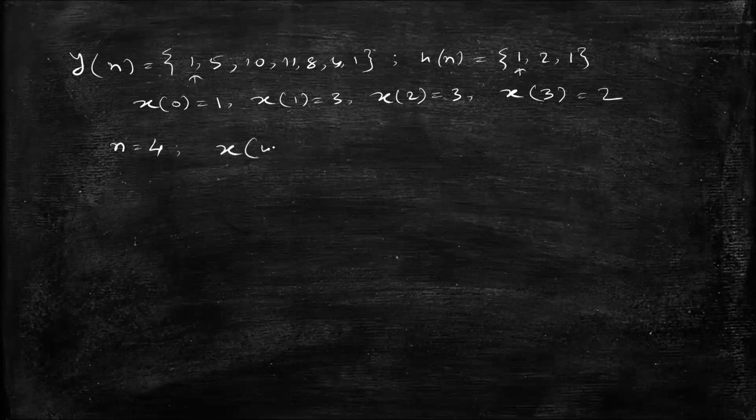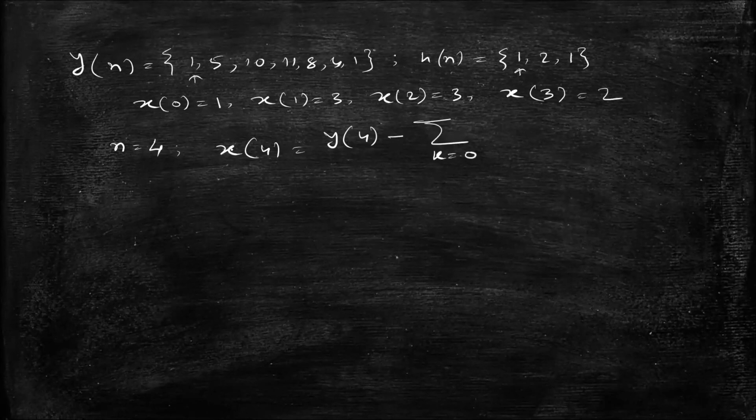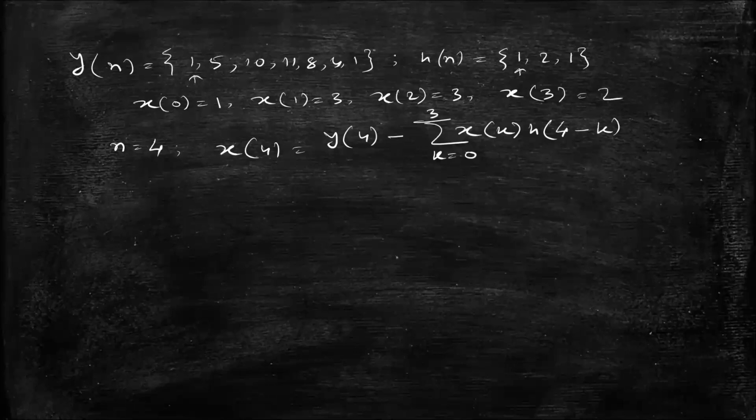Then x of 4 equal to y of 4 minus summation k equal to 0 to 4 minus 1, that is 3, x of k, h of 4 minus k, the whole divided by h of 0, and h of 0 equal to 1. So now what is the value?